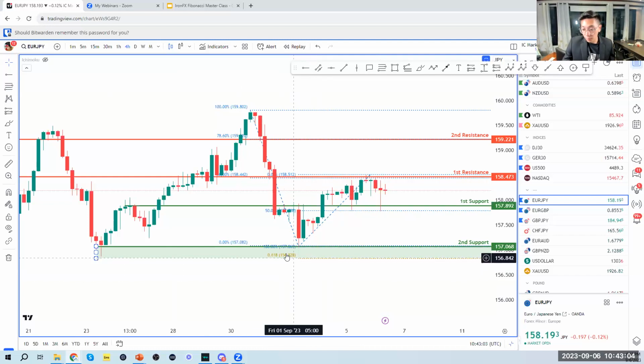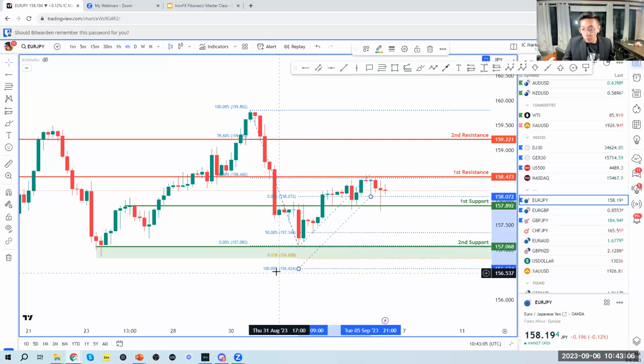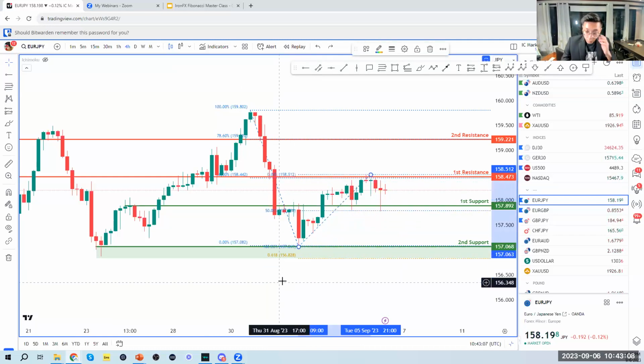Then lastly, we have these retracement levels, and then we have our 61.8% fib projection going on.